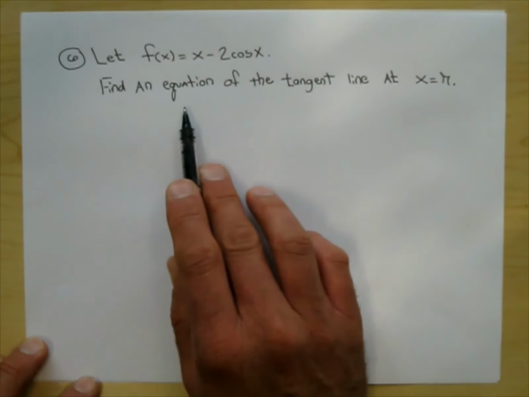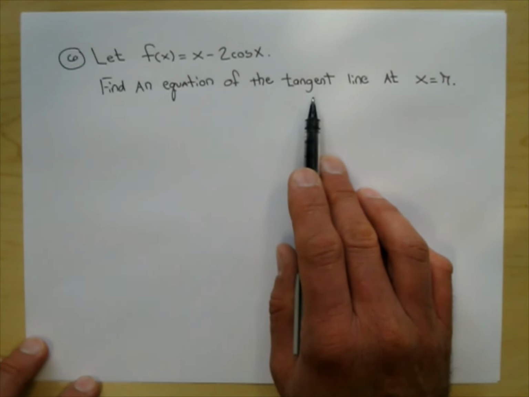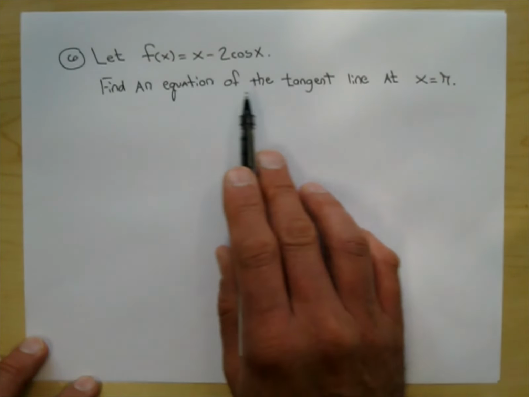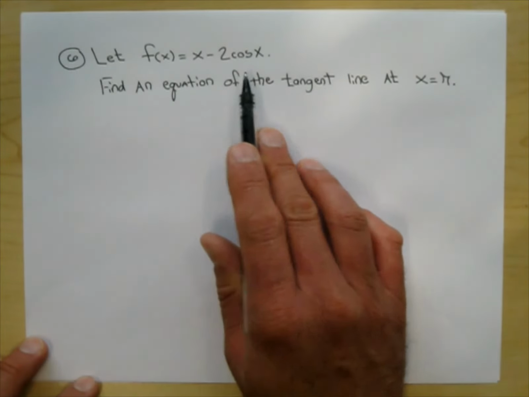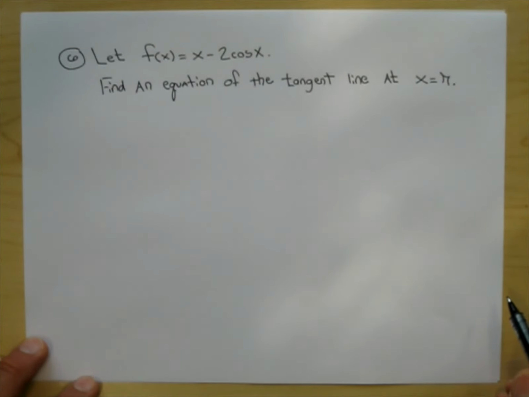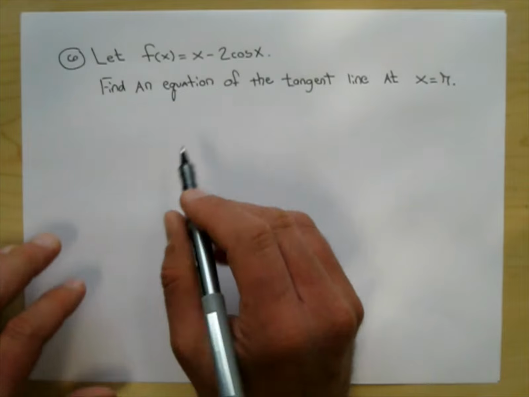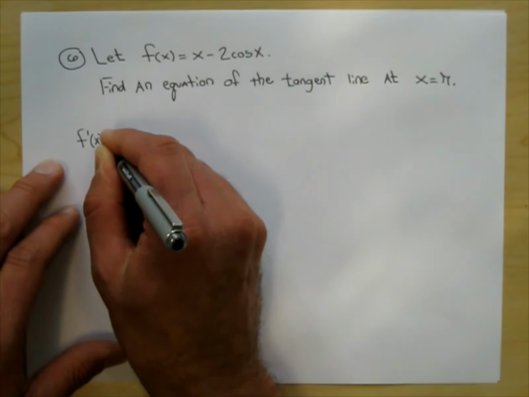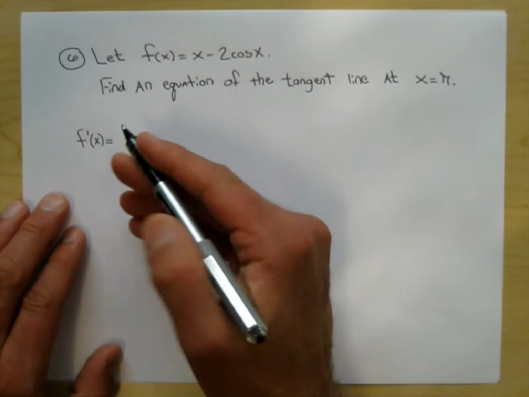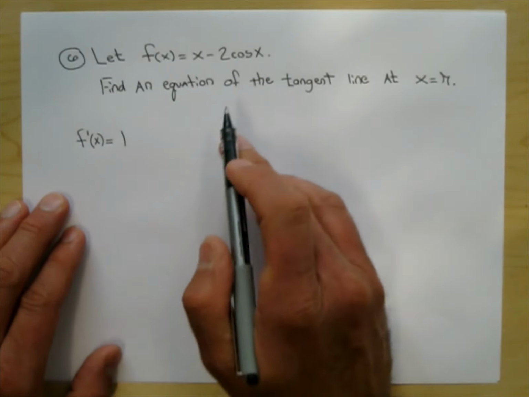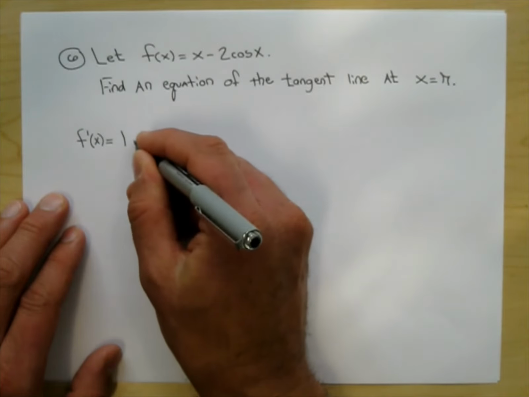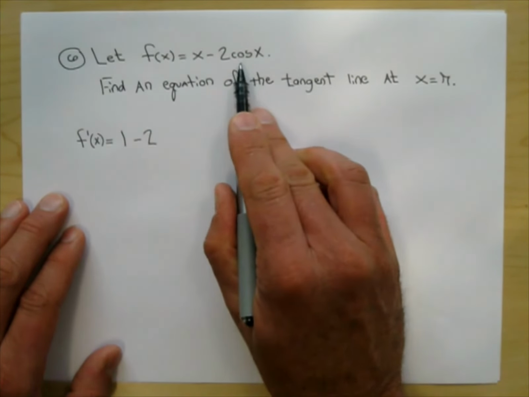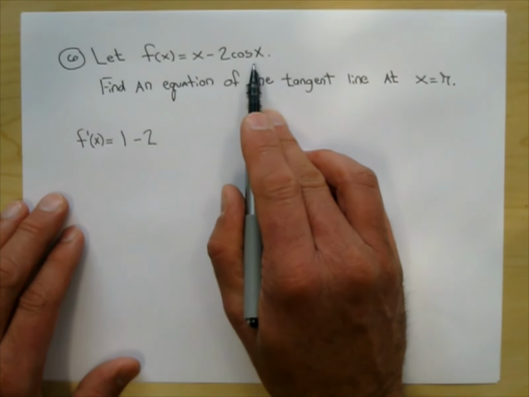So how do you find the equation of the tangent line? To find the equation of the tangent line, you need the slope of the tangent line. To find the slope of the tangent line, you need the derivative. So pause the video and see if you can do this. The derivative of f of x, f prime x equals: the derivative of x is 1, and then we have minus 2 times the derivative of the cosine, which is negative sine.